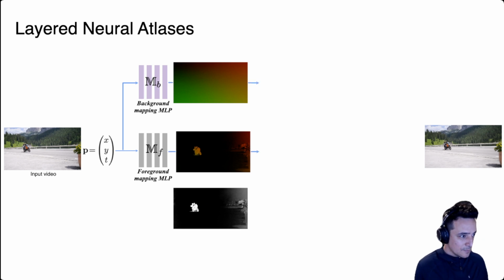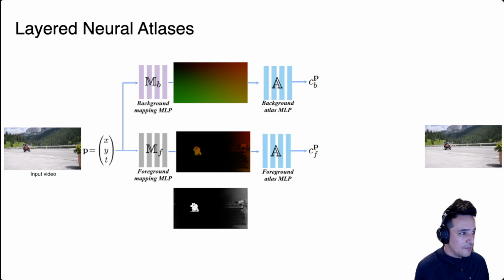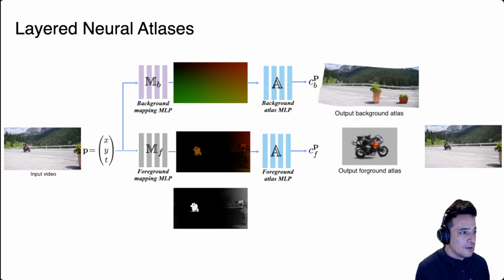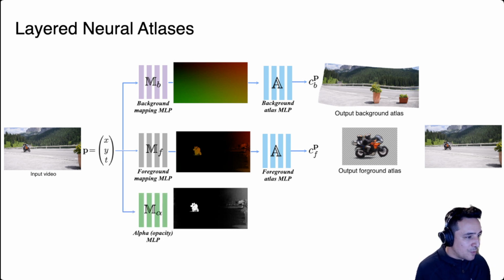And then we're also going to have the atlases themselves represented as coordinate-based MLPs. So this atlas takes a 2D coordinate and produces an RGB color. This is an example of what these atlases look like. And then we're going to have an alpha transparency MLP, which predicts a blending value, which we can then use to composite the colors from the atlases into a final output color.